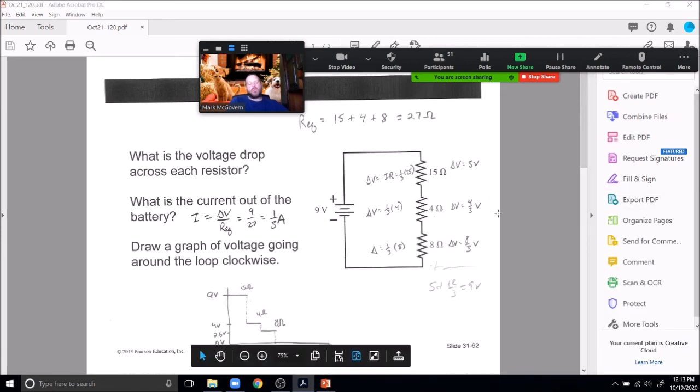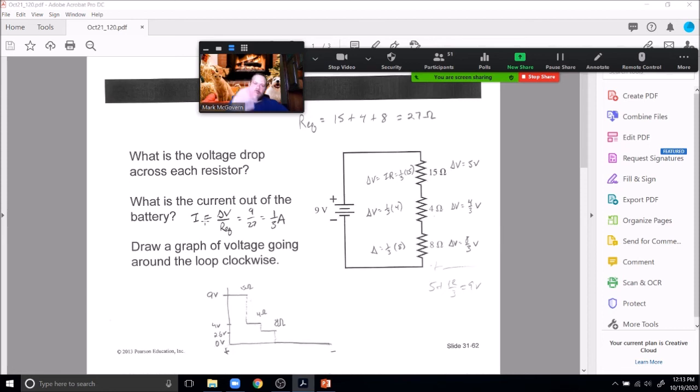So, series resistance. Easy enough. Add them up. Equivalent 27. You apply Ohm's law to the equivalent resistance. We get 9 over 27, which means the current is 1/3. So it's very easy to figure out the potential differences.